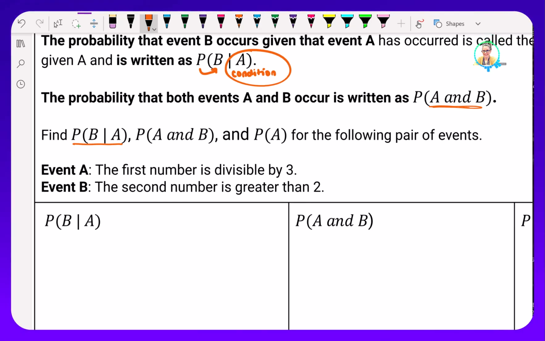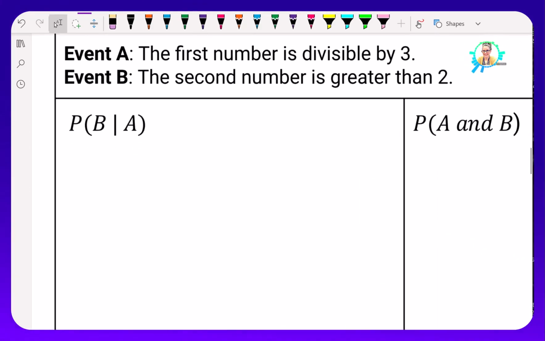Now this new conditional notation can be intimidating sometimes, so the way that I got better at it is I wrote everything out in words first. If you look, event A means that the first number is divisible by 3. I'm going to replace A, and I'm going to replace B, which happens to be the second number is greater than 2, and rewrite this in words.